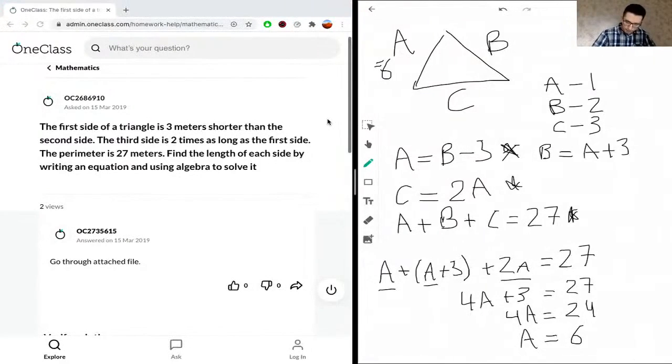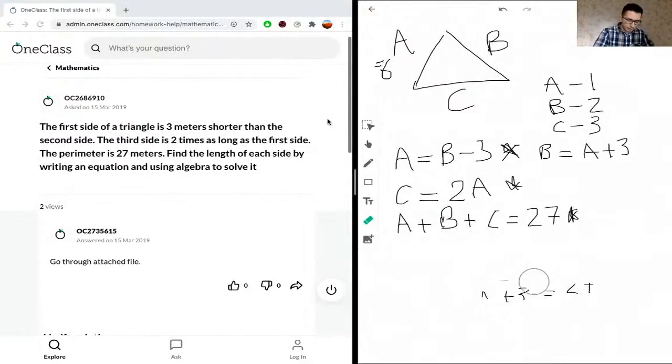We'll make some space for us to solve for the rest. So knowing that A is equal to 6, we can use this equation over here to solve for B. So B is equal to A, which is 6, plus 3, and this will give us 9.